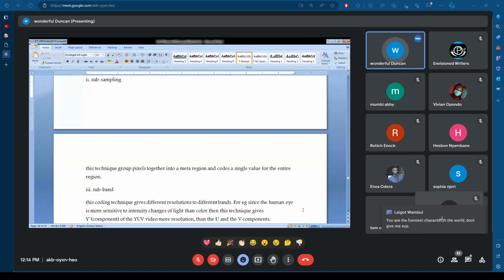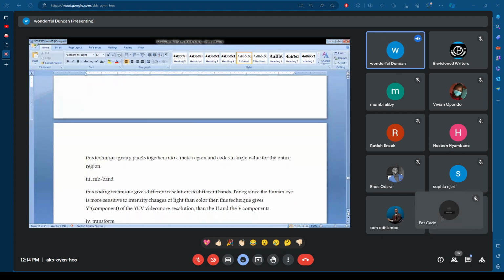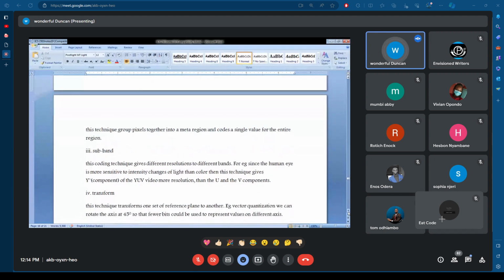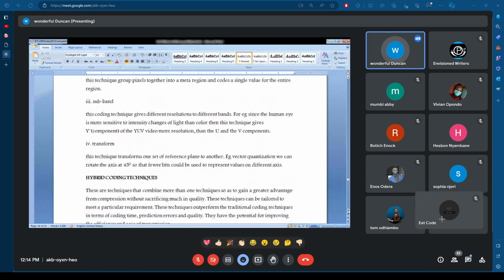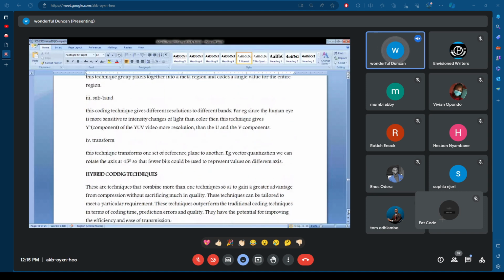Then we have the subband. This is a source coding technique that gives different resolutions to different parts.